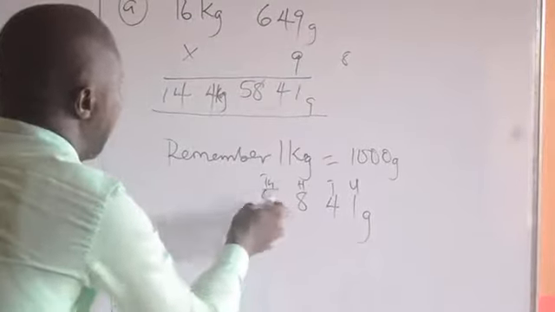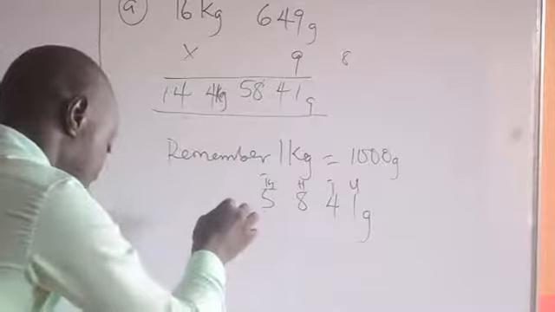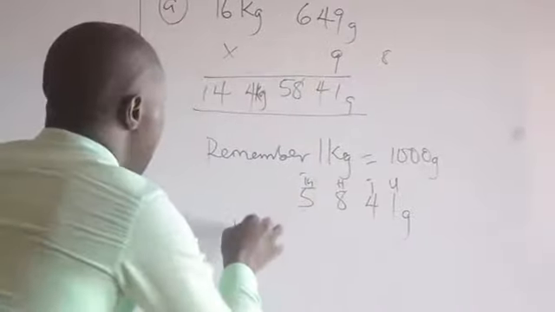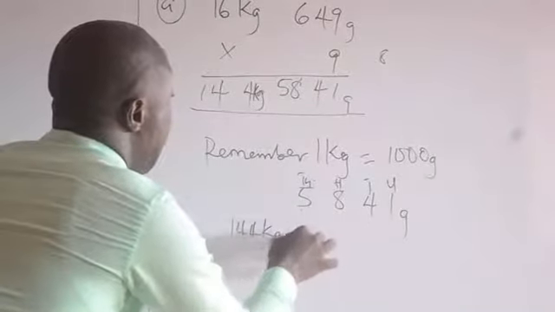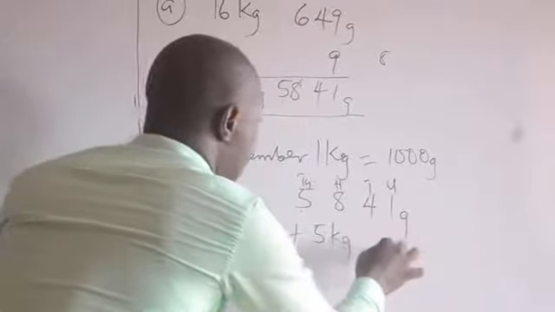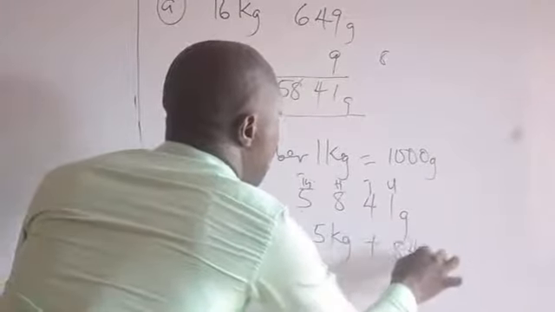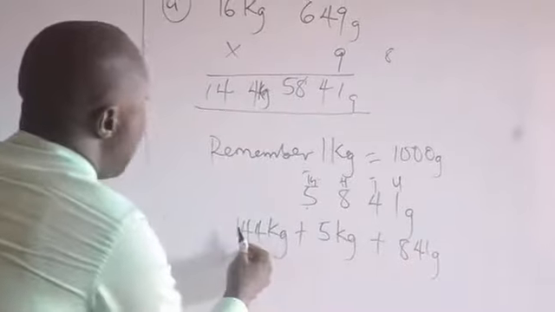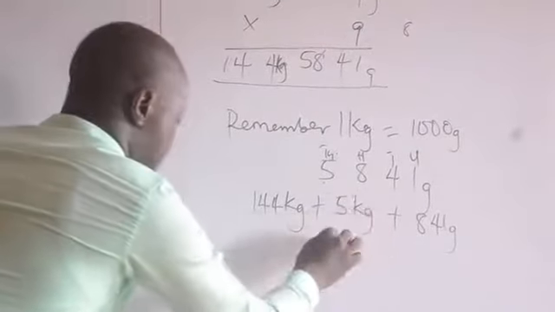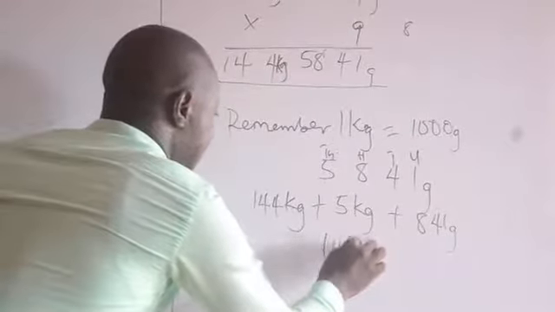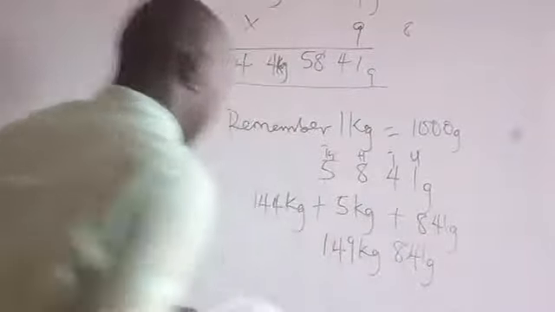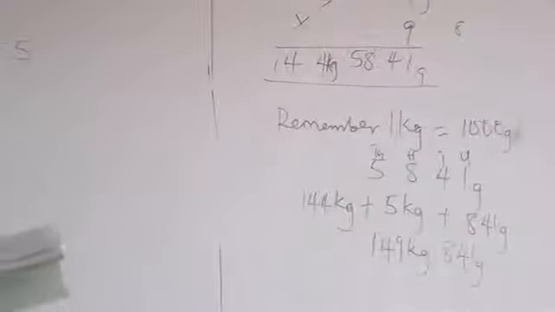So we'll add this 5 to 144. 144 kilogram plus 5 kilogram plus 841 gram. 144 plus 5 kilogram will give us 149 kilogram, 841 gram. This is our final answer.